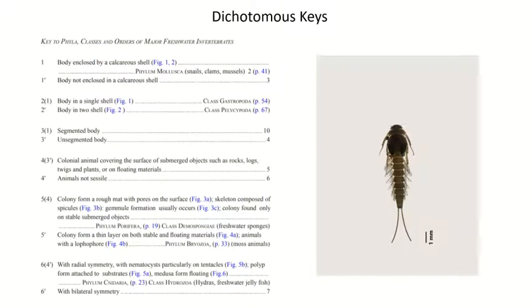A dichotomous key, like the one shown here, consists of a sequence of two contrasting statements. Okay? So, those two contrasting statements are numbered, in this case, similarly. So, we have a number 1 and its contrasting statement 1 prime. So, they are a pair.